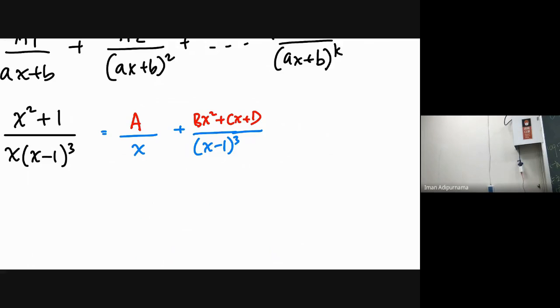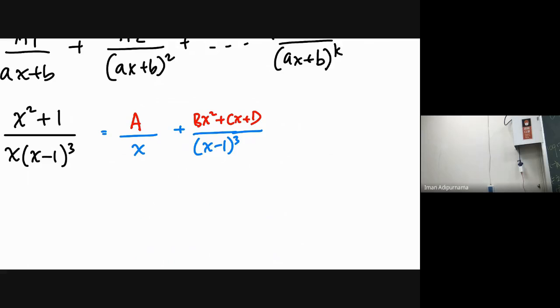Now, if you want to separate the c and the d, each on its own, it becomes bx squared over (x minus 1) cubed, and cx over (x minus 1) cubed, and d over (x minus 1) cubed.